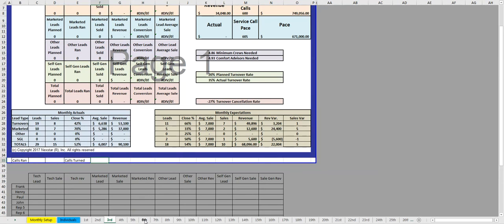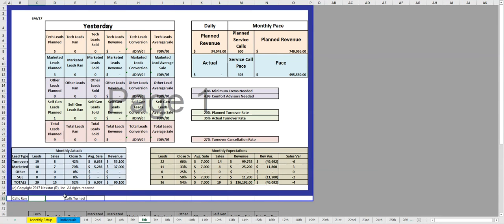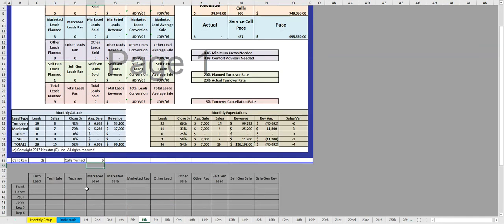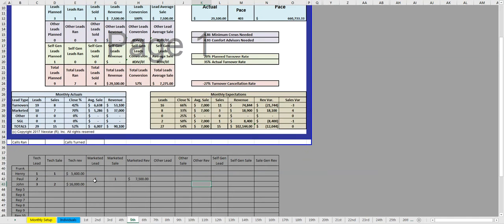So let's go back to Monday. Enter in, all right, 28 and 5. So now this is more realistic. Well, I say that. I put them on the wrong day. Let me go back right here. All right, 28 and 5. So now Monday.